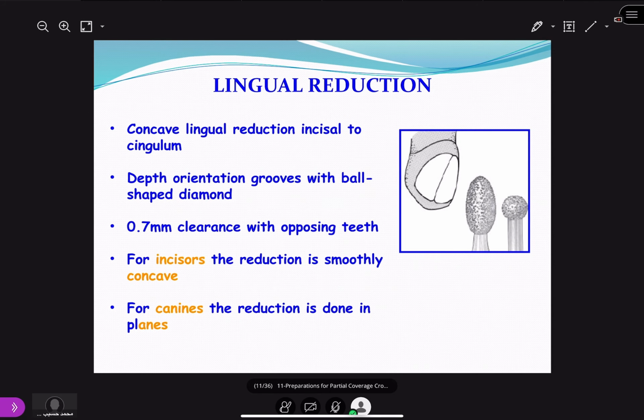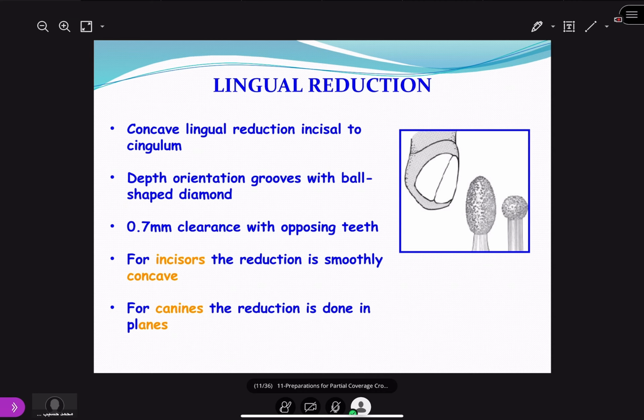So now we will start the preparation. We will start with the lingual reduction. All of you know that we use the flame shape burr or wheel shape burr, and we reduce the lingual surface following the anatomy of the tooth structure. The area between the cingulum and the incisal edge, we will reduce with the flame shape burr, and for metal we will reduce 1 millimeter. 1 millimeter is sufficient.